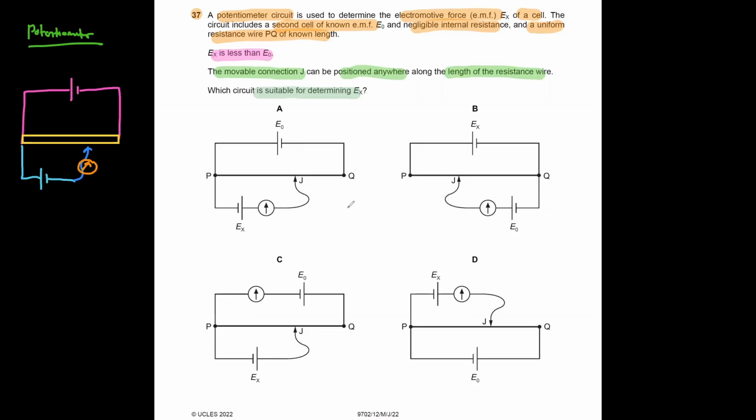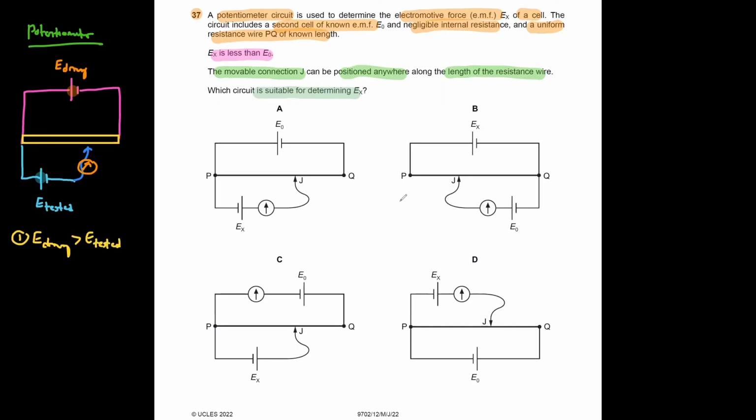So there are a few characteristics to this potentiometer in order for it to work properly. If you look at the driving cell, there's an EMF there. We will call this the driving EMF. And for the EMF that's being measured, we'll call this the EMF being tested. Now, for your potentiometer to work properly, your driving EMF must be more than the EMF being tested.